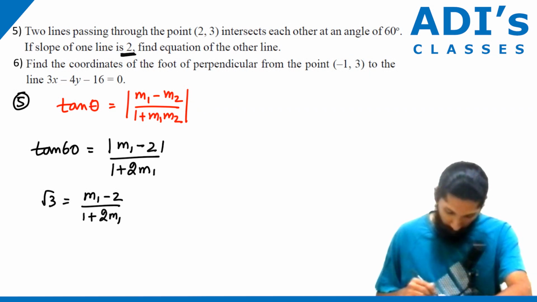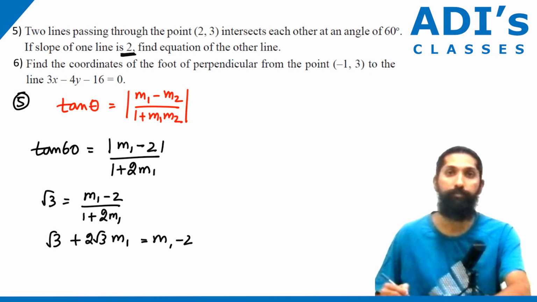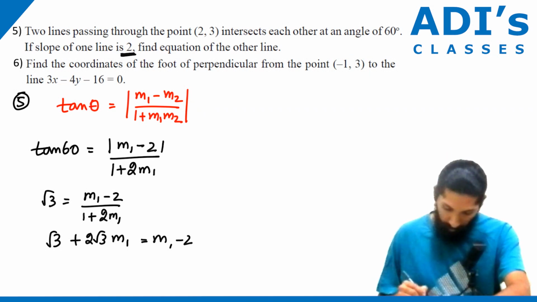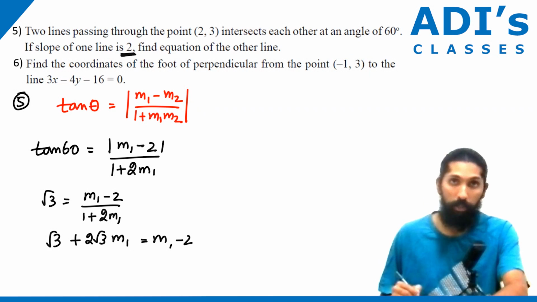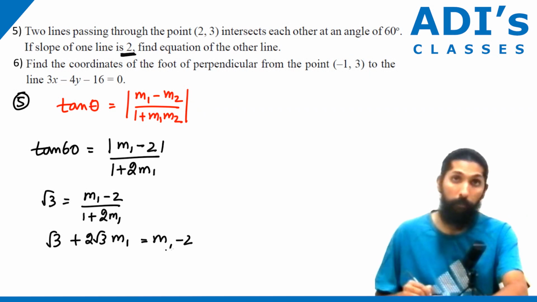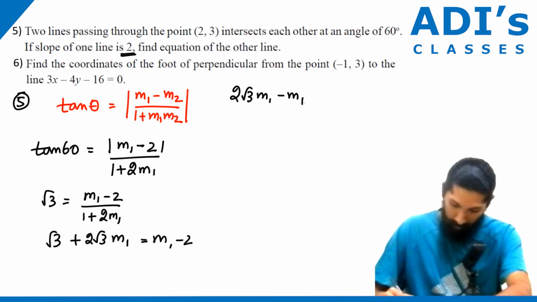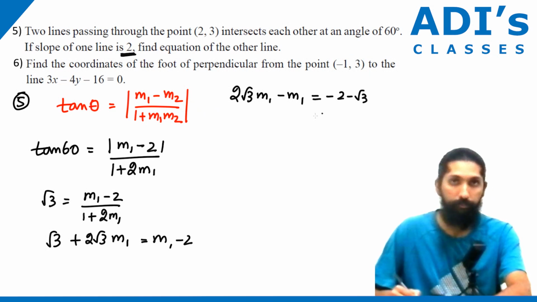Cross multiply. You'll get root 3 plus 2 root 3 m1 is equal to m1 minus 2. Correct? Take the m1s on one side and take the other one on the other side. Fair enough? Now here, we have 2 root 3 m1 minus m1 is equal to minus 2 minus root 3.